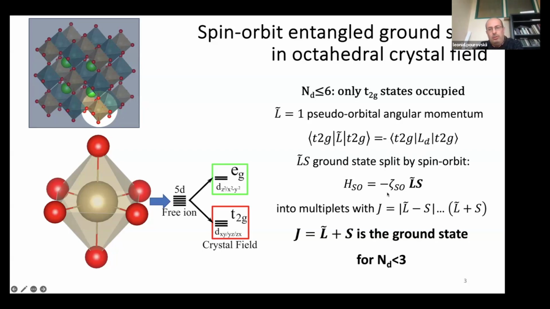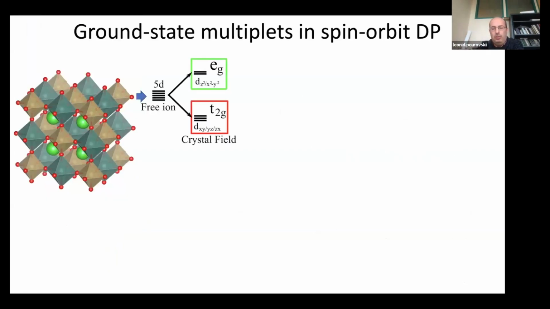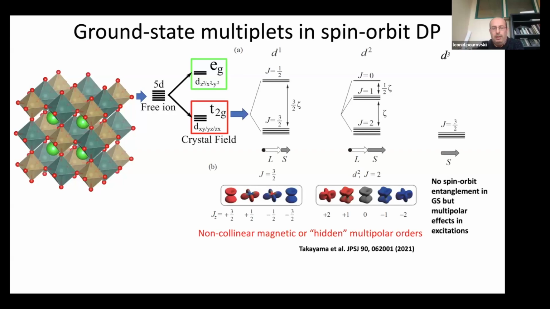And as a result, the third Hund's rule, which one has in atomic physics, is reversed. So for a less than half filled shell, the total angular momentum will be the sum of pseudo-orbital and spin 1. Starting from this, one can draw these kinds of level diagrams.